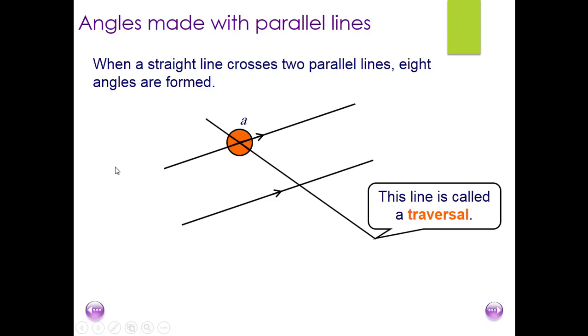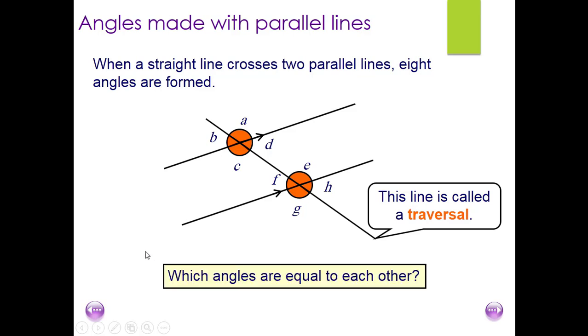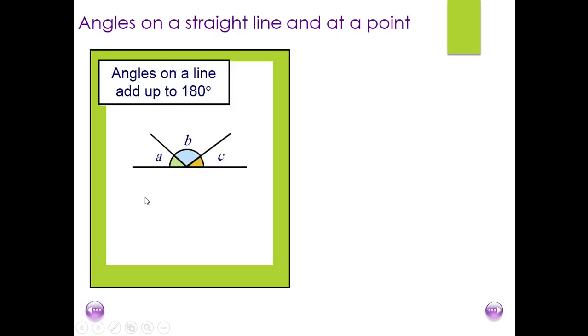Here we have A, B, C, D, E, F, G, and H. And we will know right now we have many different types of angles that are made with the parallel lines. We will know every one. Which angles are equal to each other? We will know this when we study the next.